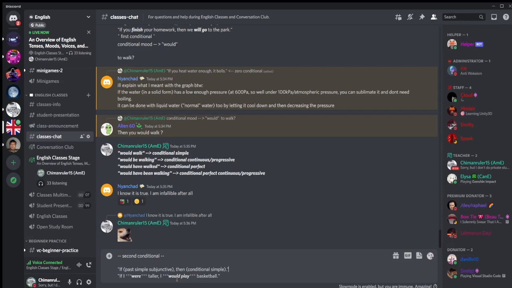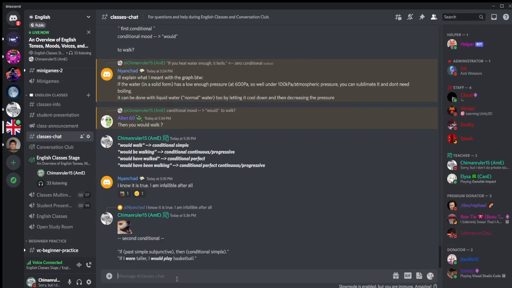Okay. So here's an example with the second conditional. If past simple subjunctive, then conditional simple. So that's the formula for it. So if I were taller, I would play basketball. So you can see that were is the past simple subjunctive, and then the conditional simple would be would play. If I were taller, I would play basketball.